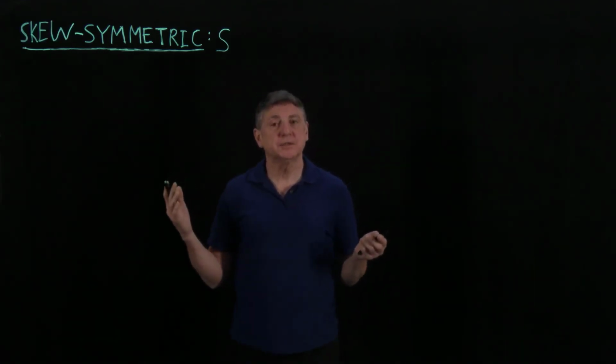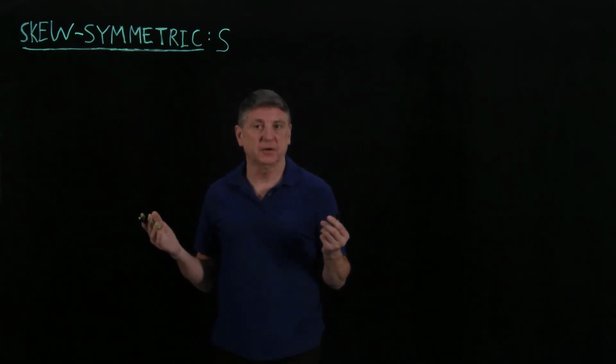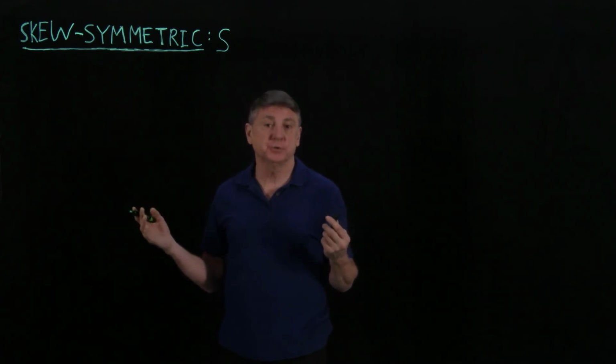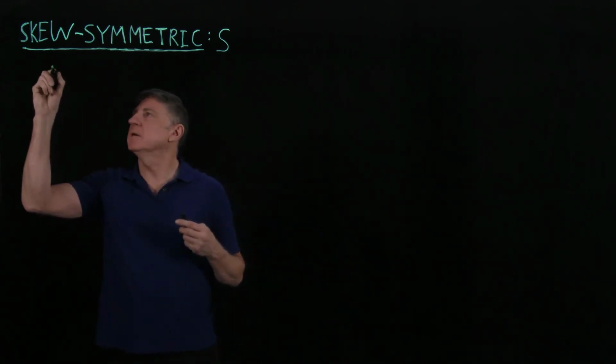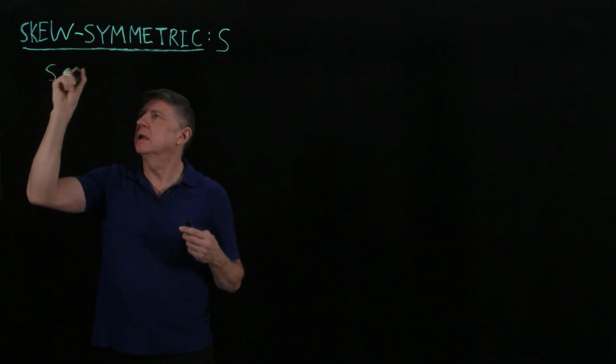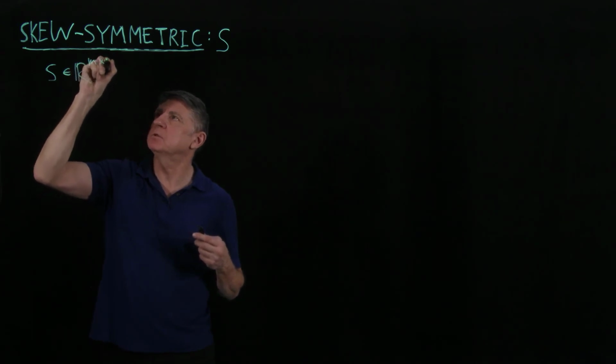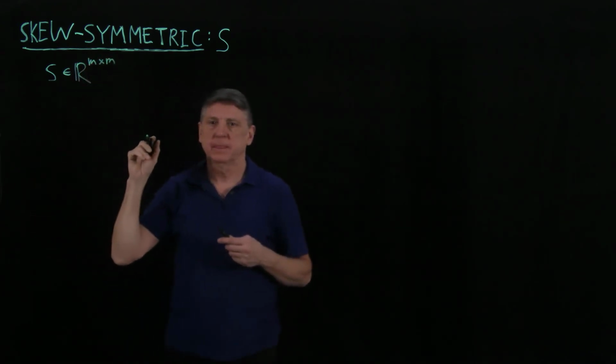Now, let's consider the third kind of matrix that we began our introduction with, which is a skew-symmetric matrix. So this is a matrix S, and it's all real numbers, and it has m rows and m columns.